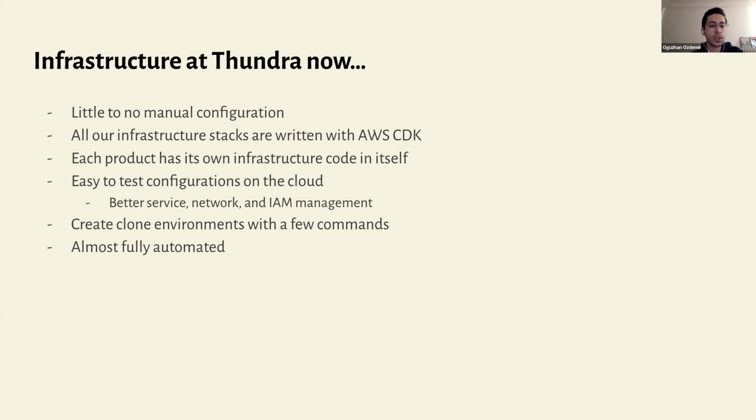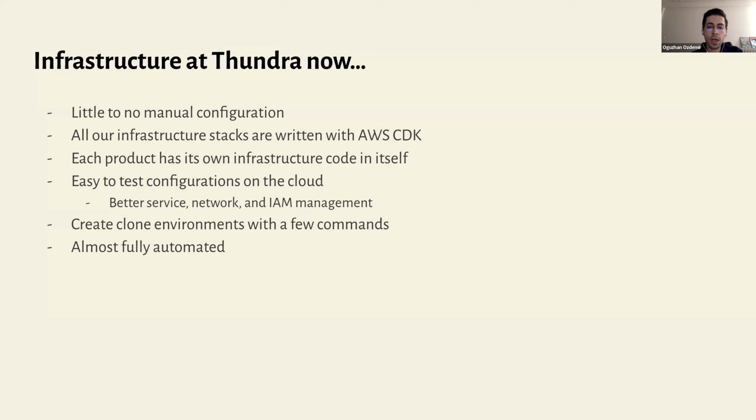With this infrastructure transformation at Tundra, we still have some manual configurations, such as setting up a VPN, creating AWS users, etc. But now anything that is automatable is automated, and everything is written in AWS CDK. IAC code is very well organized throughout the company.